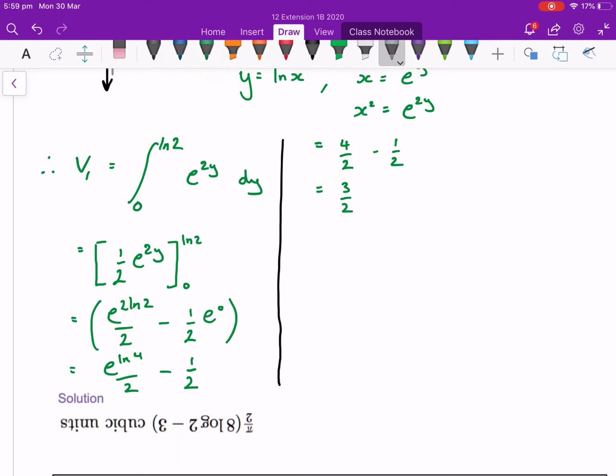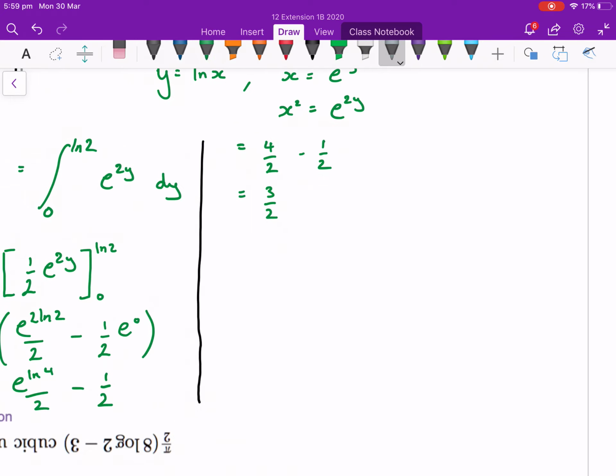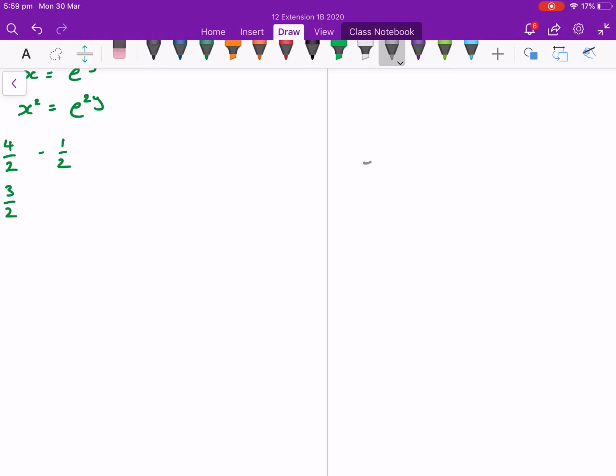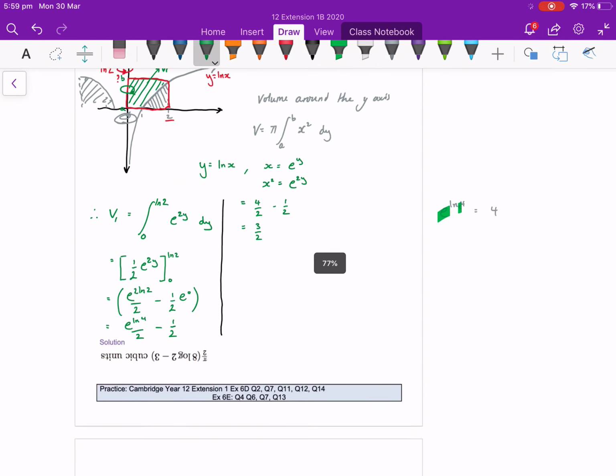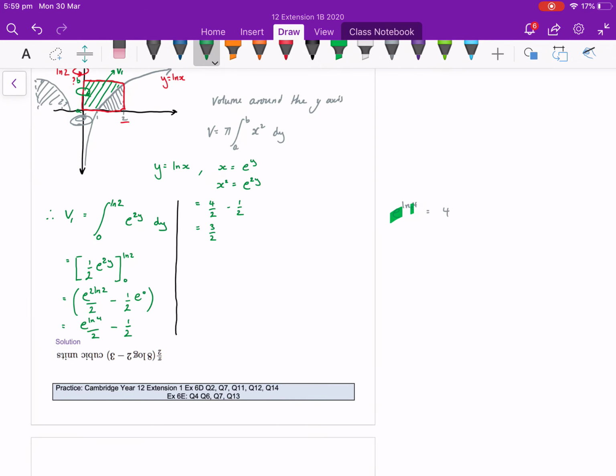Now, just quickly, for those of you wondering, the part where I said e to the power of ln4 equals 4: this base here is e, and when you raise a base to a log of the same base, it equals the value of that log, so that just equals 4. That's where that part comes from. So we get the volume V1 equals 3 on 2, units cubed.